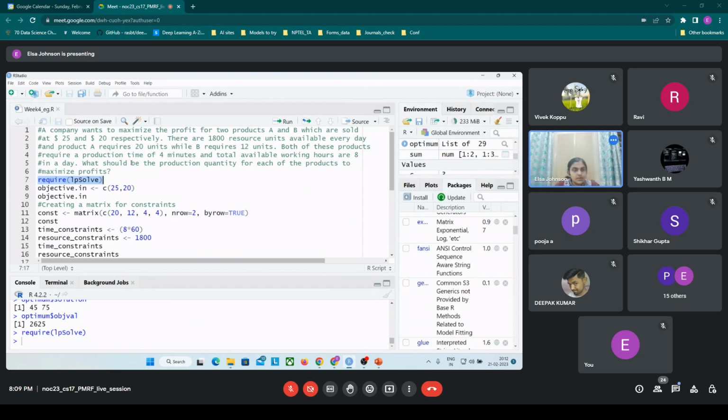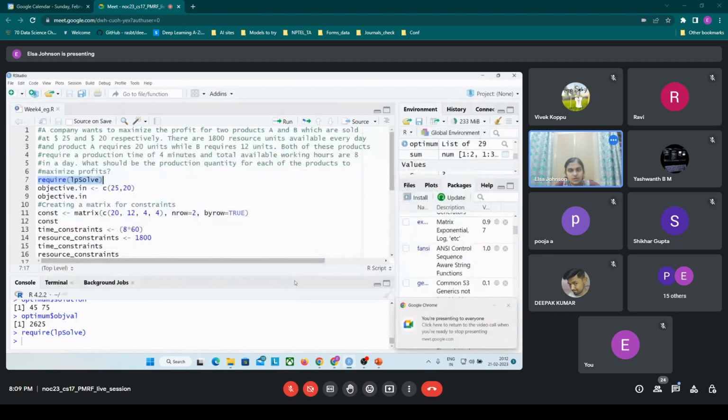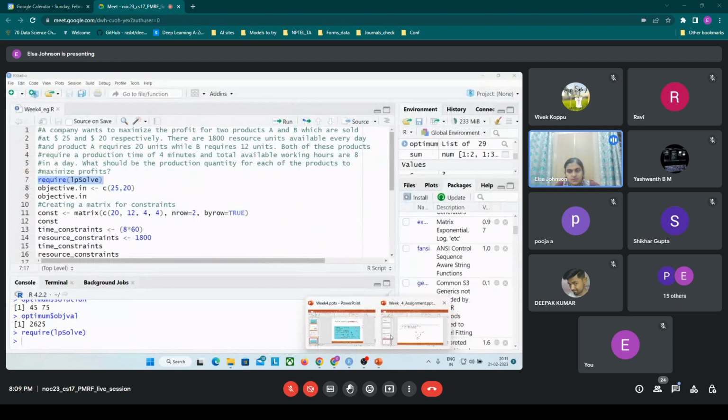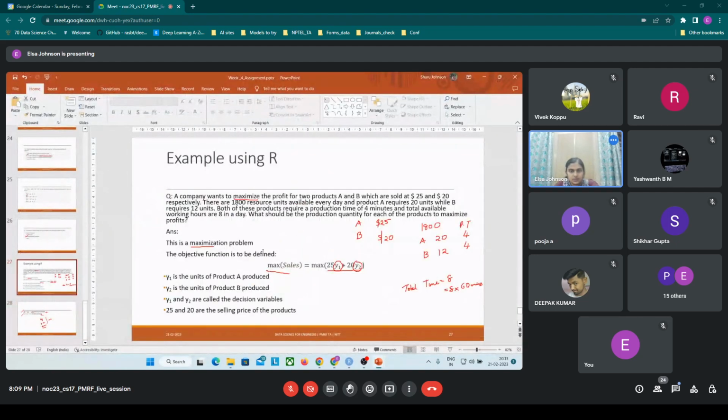Now I'll give our first constraint. This was our objective: 25y1 plus 20y2.